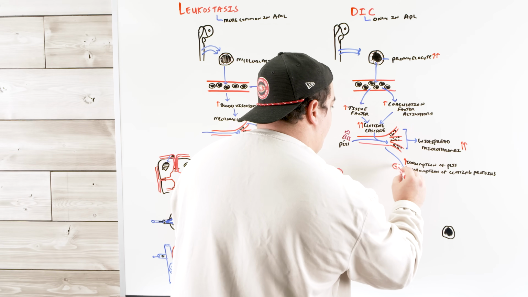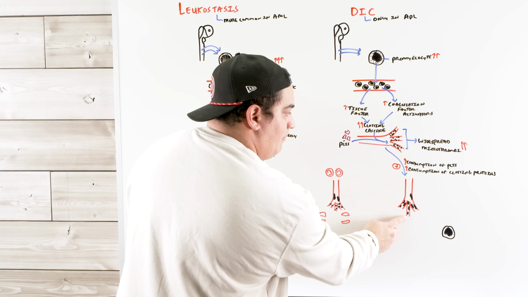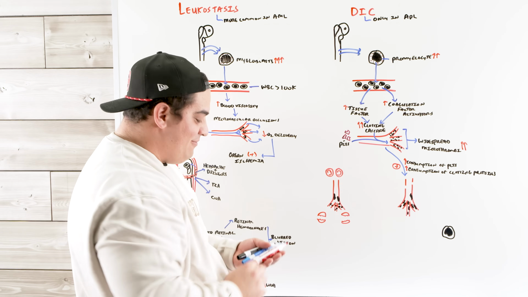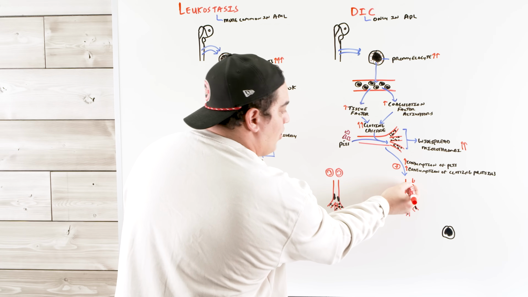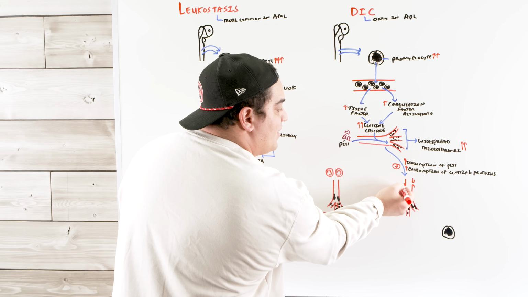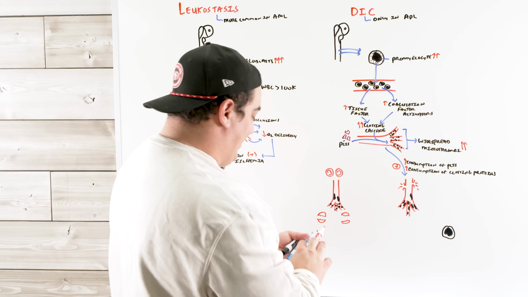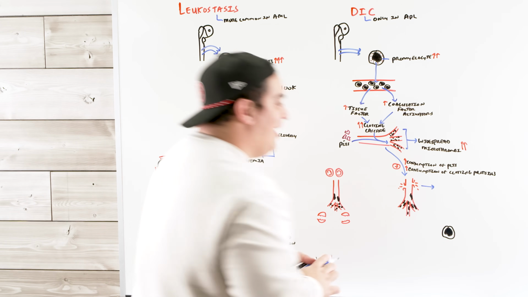What does this do? The problem with this is I have these microthrombi, but now if I have a little nick in my vessel here, I won't have the platelets or the clotting proteins to stop the bleeding. So now, as a result, these patients can have clots and they bleed.